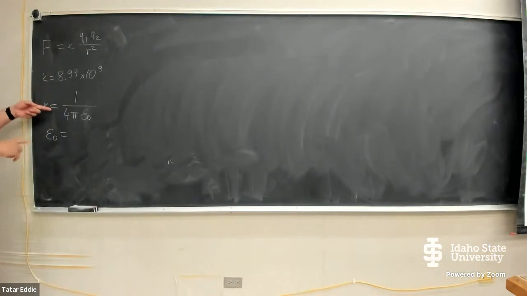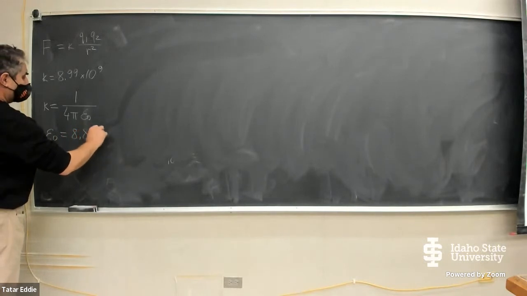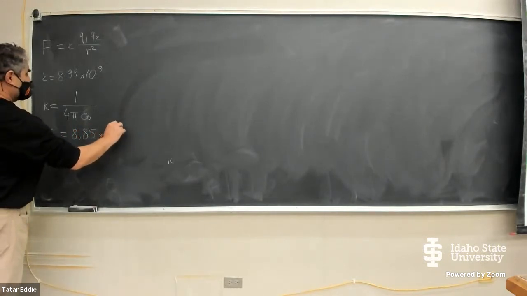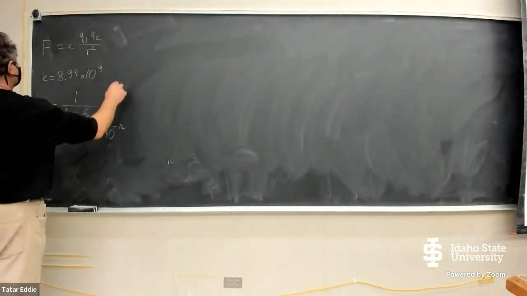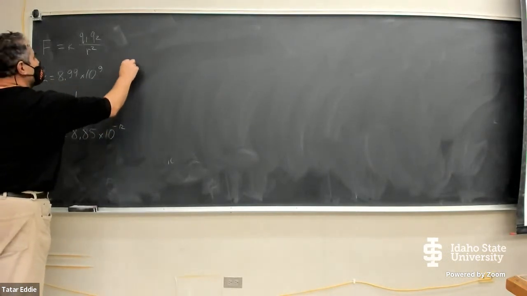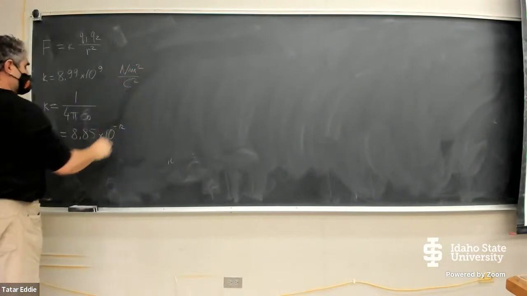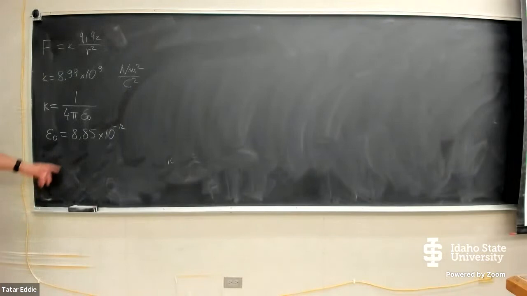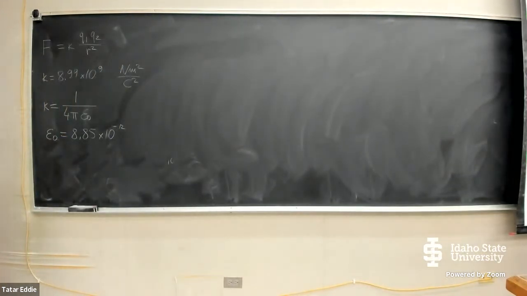Well, you can calculate it from this definition, but its numerical value is something like 8.85 times 10 to the negative 12. Appropriate units. So the units are going to be what? For K, the units are Newton times square meter divided by Coulomb squared. And for epsilon naught, the units have to be the inverse of this SI units.